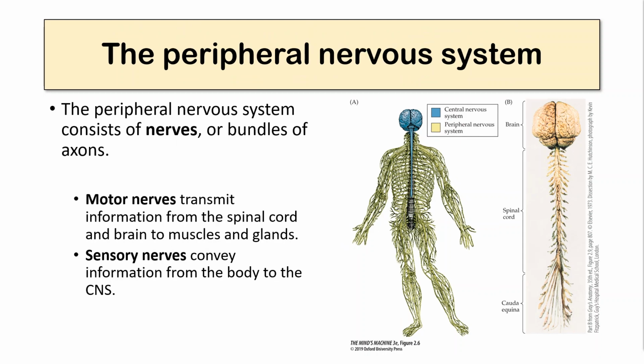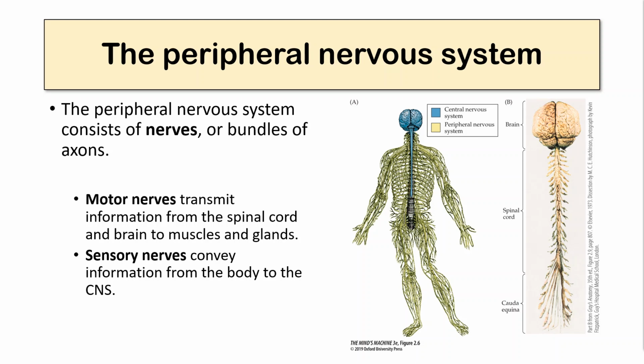Let's look first at the peripheral nervous system, and then we'll go to the central nervous system a little bit later. All of those things coming off of the spinal cord here in yellow are nerves, or bundles of axons. You may have heard of a nerve in our earlier lecture when we discussed the components of a neuron.